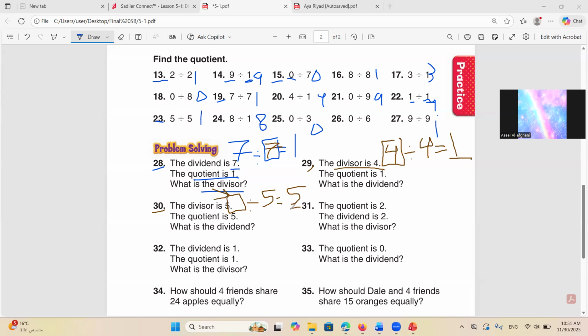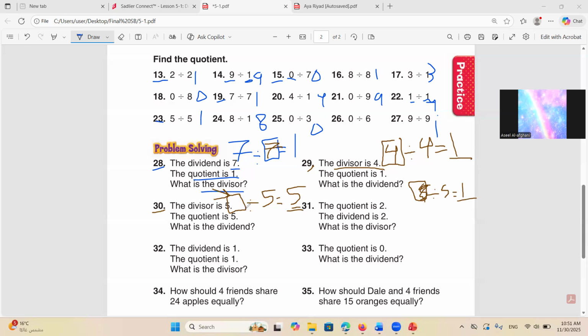I didn't say 5 divided by 5 equals 1. So one of them is hidden, so find the dividend. I didn't say that the quotient is 1, the quotient is 5. So what is the number?